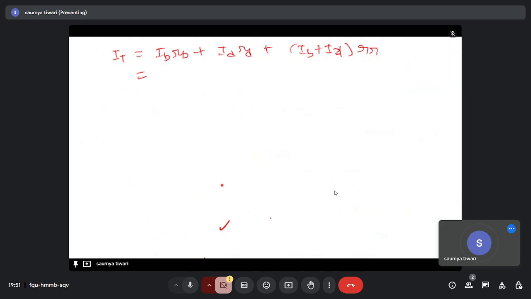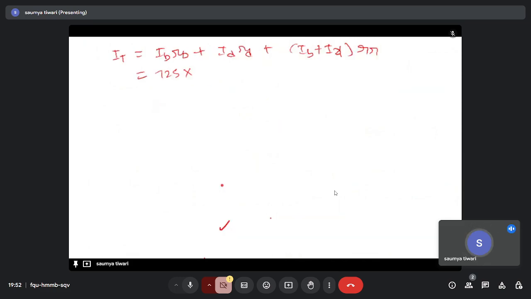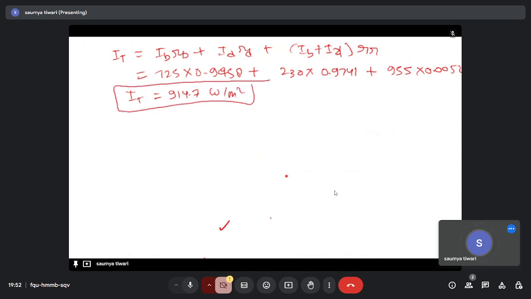So it will be 725 into the RB value 0.9458 plus 230 into 0.9741 plus 955 into 0.0052, which will be equal to 914.7 watt per meter square. So it's the actual flux falling on your flat plate collector.